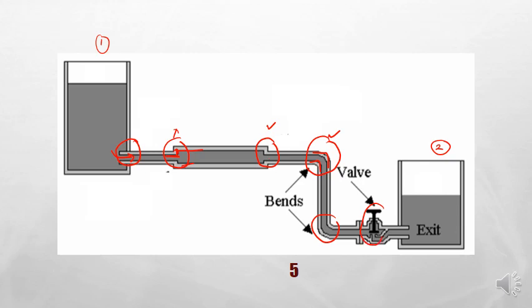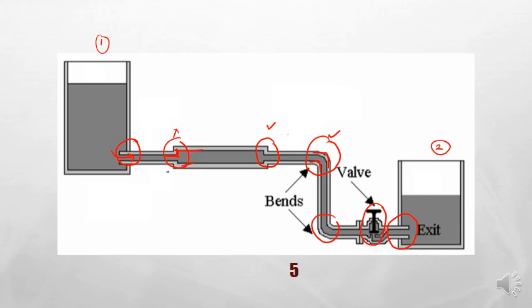There is a loss as well when the liquid flows through valves, and in fact the type of valve also affects the loss in a system. After that, the liquid enters from a smaller space to a bigger space, also a loss here. So let's check it out one by one.